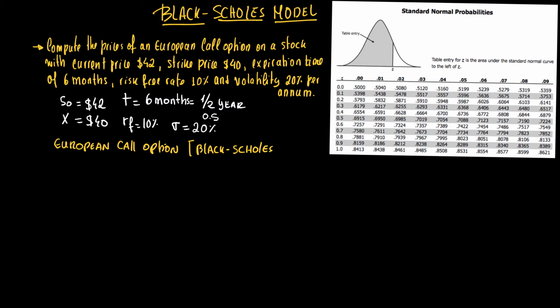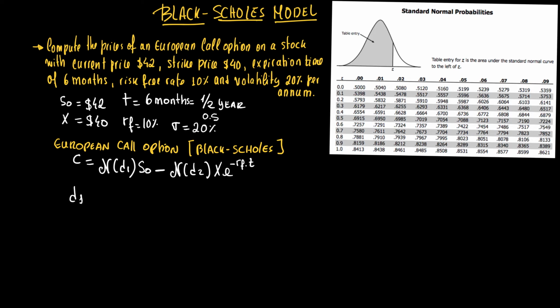This formula is given by: the call equals the normal distribution of D1 associated with the stock price, minus the normal distribution of D2 associated with the strike price discounted at the risk-free rate. We also need to know the values of D1 and D2.